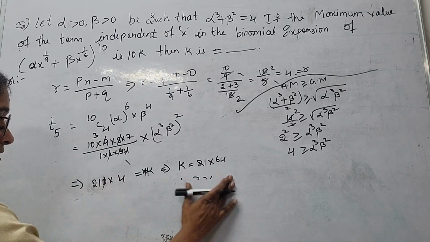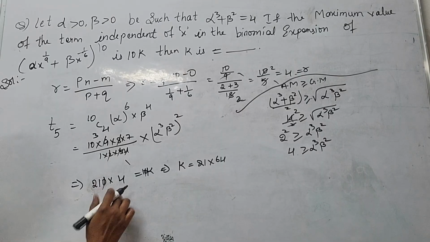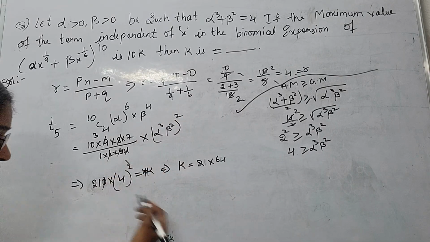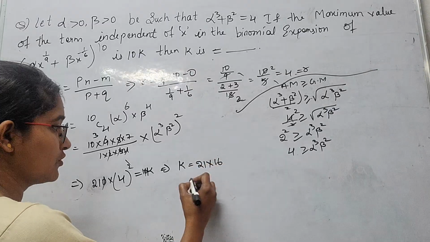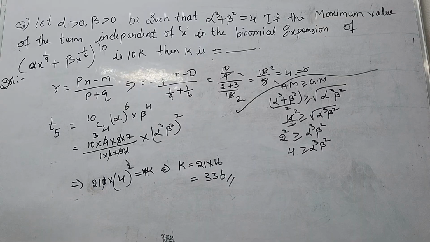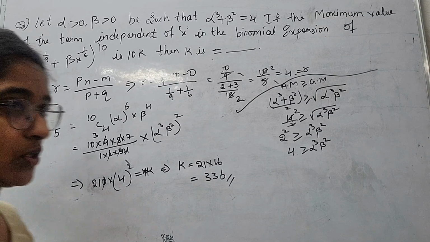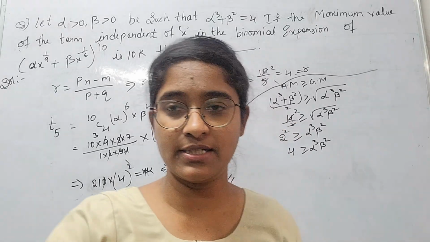Then if I keep the 4 value, then how much? 21, and this 4 square right here. So 4 square is 16, so your answer is 21 into 16. So your answer will become 336. Now you can check it out. Okay. Yes, now we'll go to the next concept. This is topic 7, and we'll go to the next topic, that is topic 8.